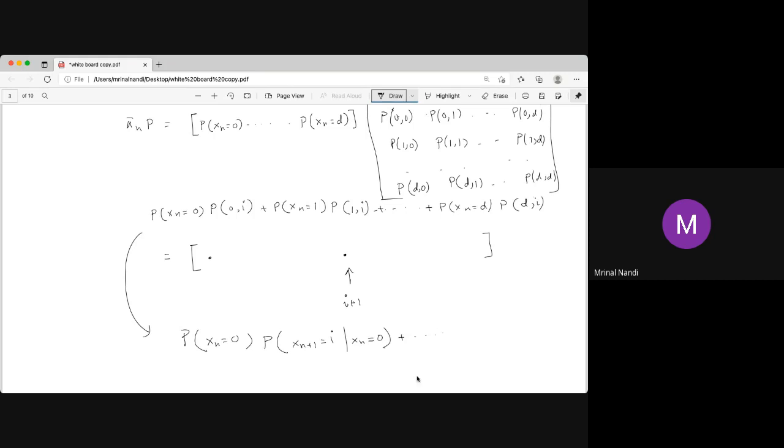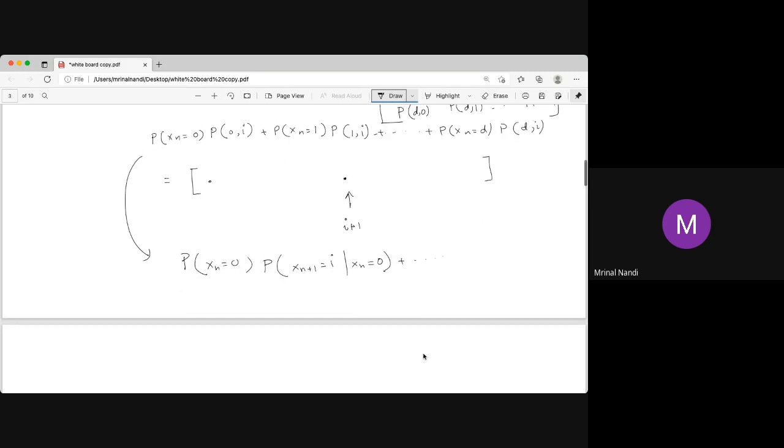So this is the probability of xn equal to 0 and xn plus 1 equal to I. The next term will be the probability of xn equal to 1 and xn plus 1 equal to I, and so on up to xn equal to d and xn plus 1 equal to I. Now what is this? This is just the probability of xn plus 1 equal to I.